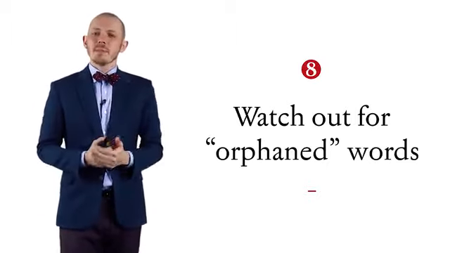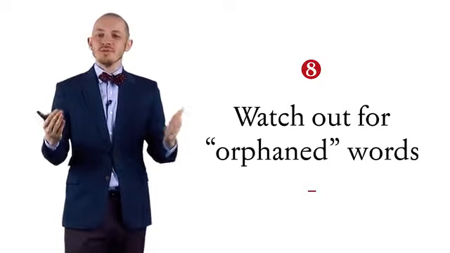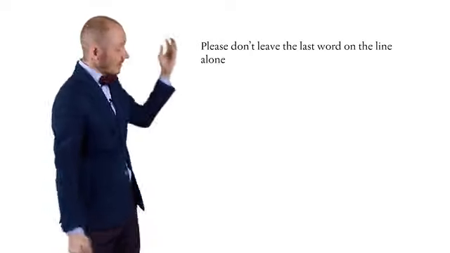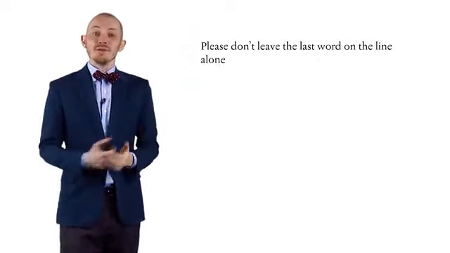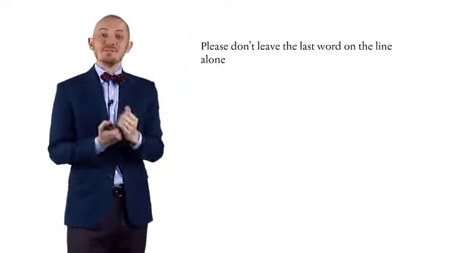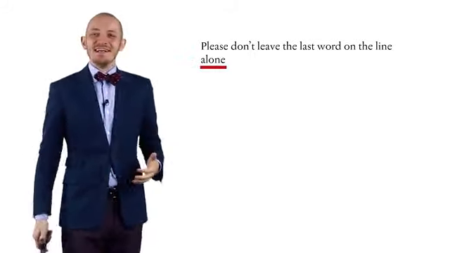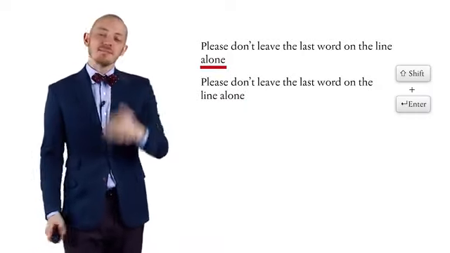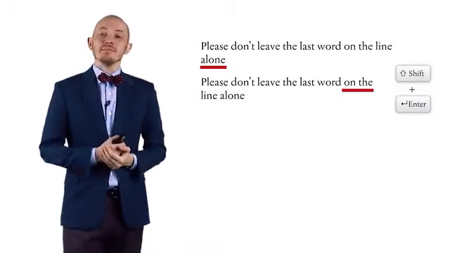Thing number 8, please watch out for something typographers call orphaned words. An orphaned word is the last word on the line, the lonely word on the line. Please do not leave those words because they feel alone. What you should do instead is press Shift-Enter and create another line without creating another paragraph.